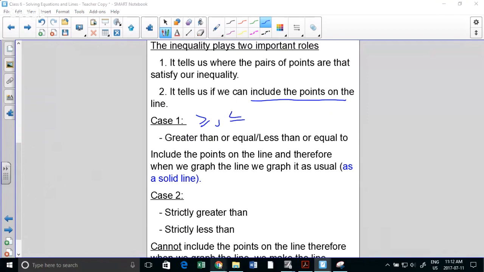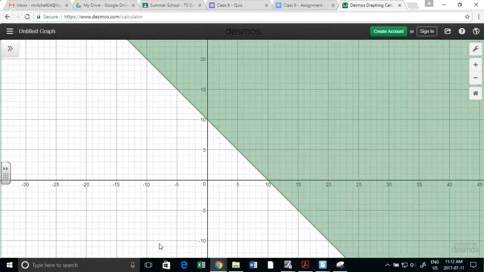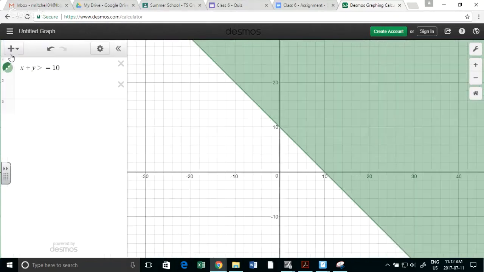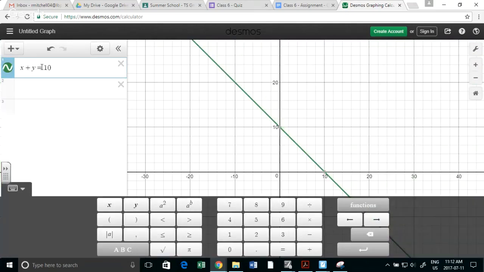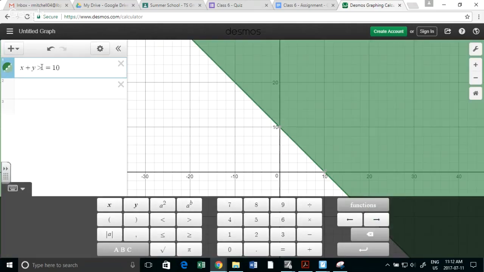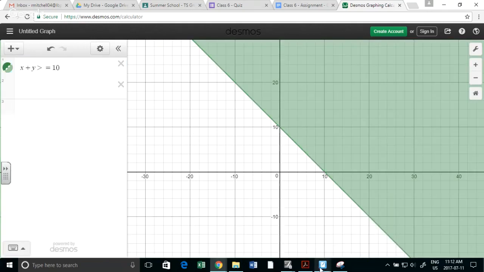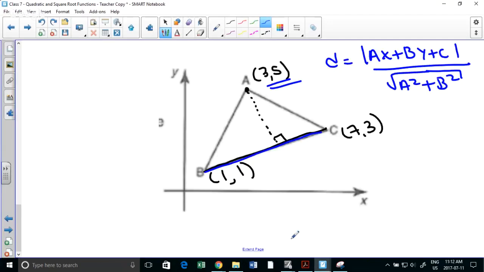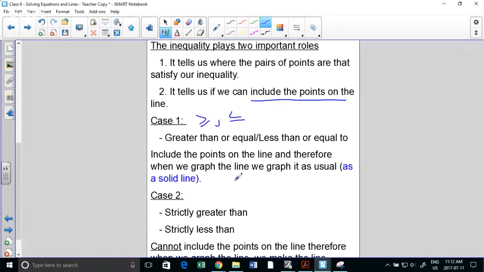Notice how we had our line, and if I take away this inequality or put it in, the line itself didn't change. If I have greater than or equal to or less than or equal to, we include the points on the line. So any point on the line itself also works.